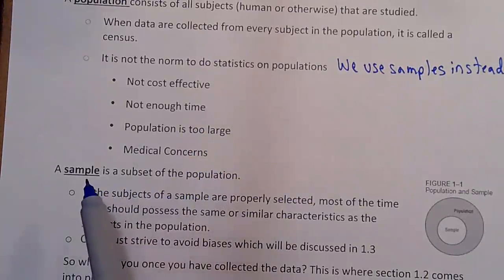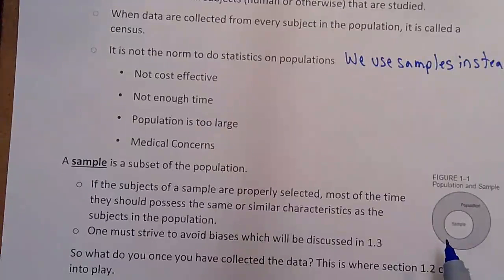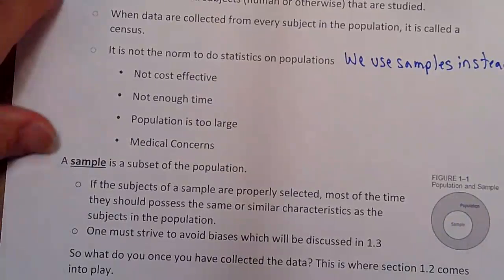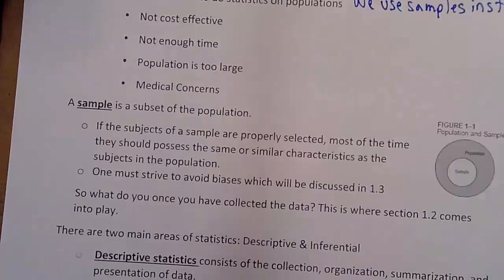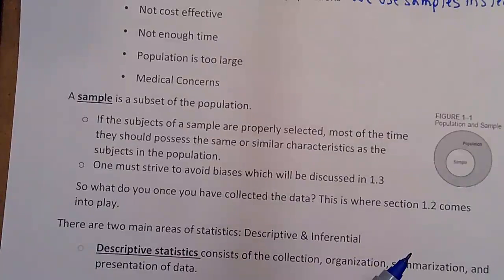So that's why we have here: a sample is a subset of the population. You have a nice picture here from your book of this sample being a subset of the population. If the subjects of a sample are properly selected, most of the time they should possess the same or similar characteristics as the subjects in the population.